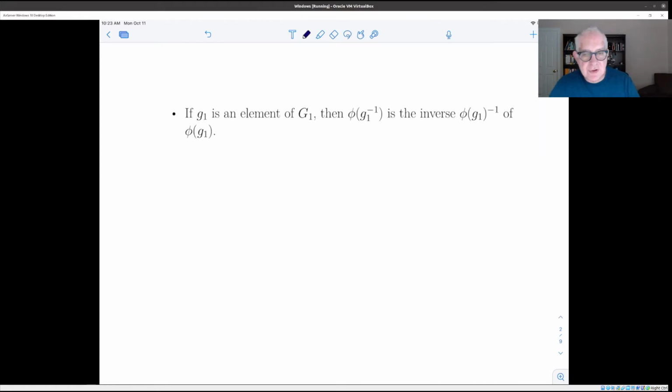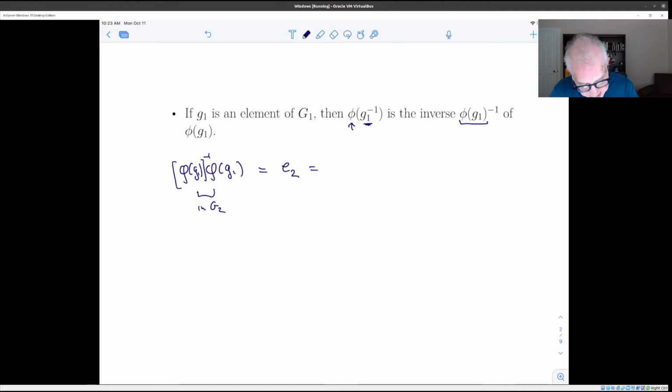It also has to carry inverses to inverses. So if g1 is an element of G1, then if you take the inverse of g1 and apply phi to it, what you get is the same as if you had first applied phi to it and then computed the inverse. The proof is similar to the little trick we just did. We know that phi of g1 times phi of g1 inverse, these are elements in G2, is by definition equal to E2, the identity element in G2.